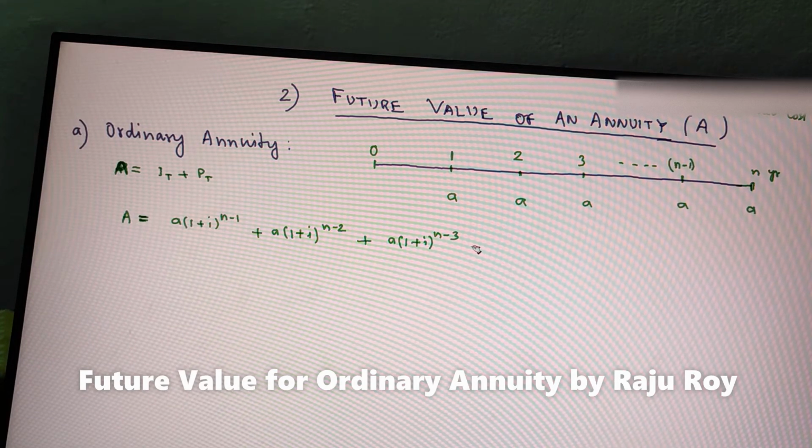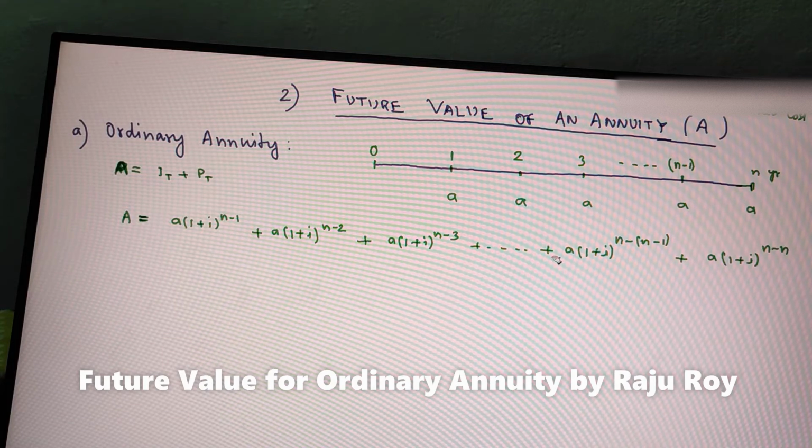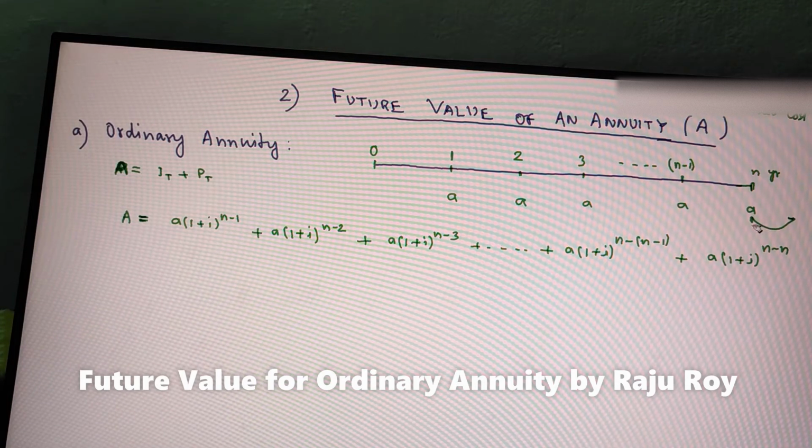Plus dot dot dot, this n minus 1 will be A into (1 plus i), am I correct? Plus the nth one, which will gain the amount of (1 plus i) raised to n minus n, which will be A alone because it is not going further, right? This is the end of your term.